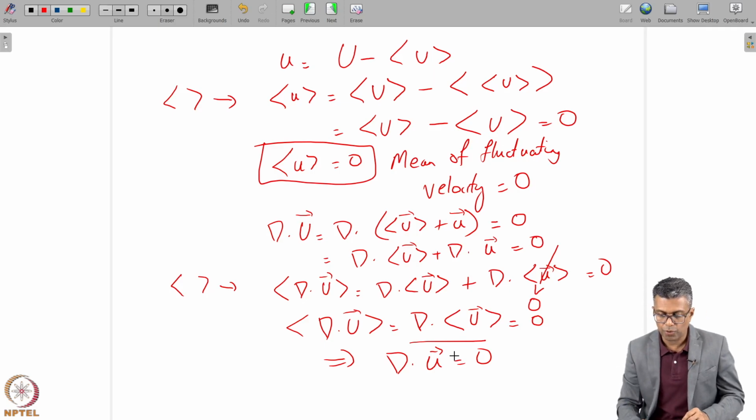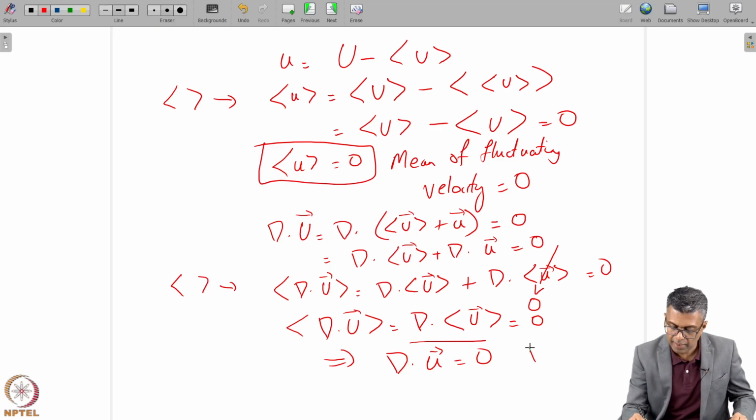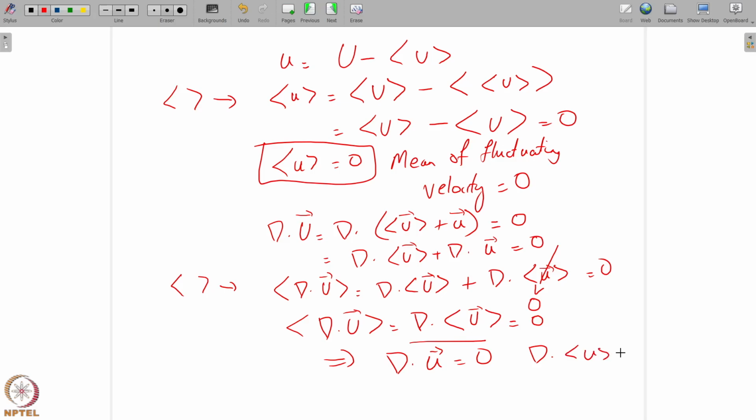So then what you have is del dot u is equal to 0. Also, what we know is that del dot the average of u is equal to 0, obviously, because the average of the fluctuating velocity is 0 itself. So the divergence of that is going to be 0.